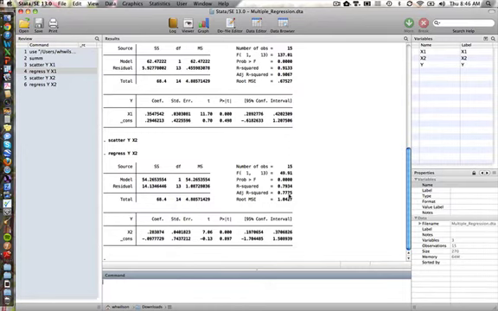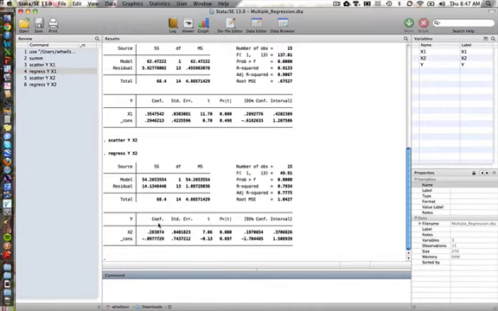Now, what I want to do is to think a little bit about your high school algebra class. You remember that when you were taking that class, you developed an equation for a line. That line equation was y equals mx plus b. And m was the slope of the line, and b was the y-intercept of the line. You can get that information from the regression analysis here. And that, in fact, is what these 2 values are here.